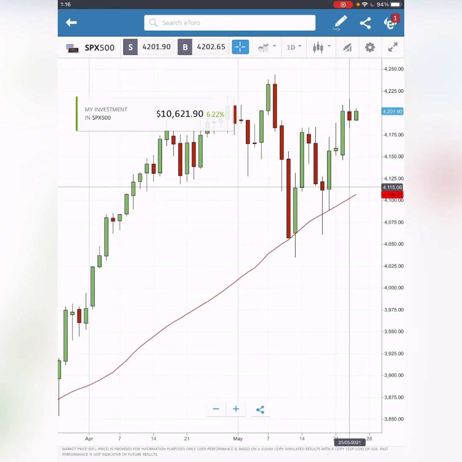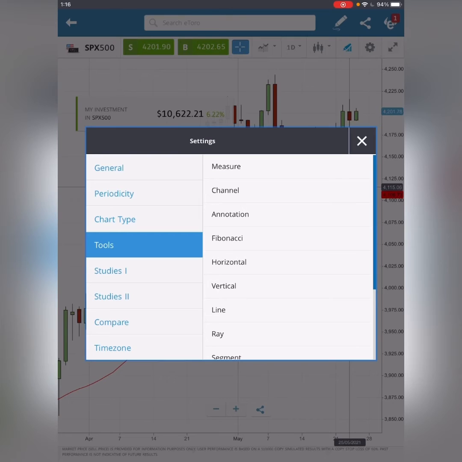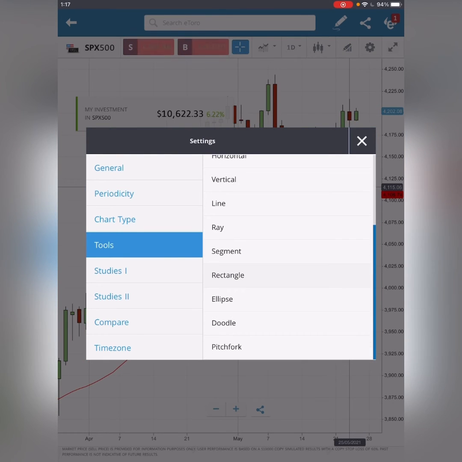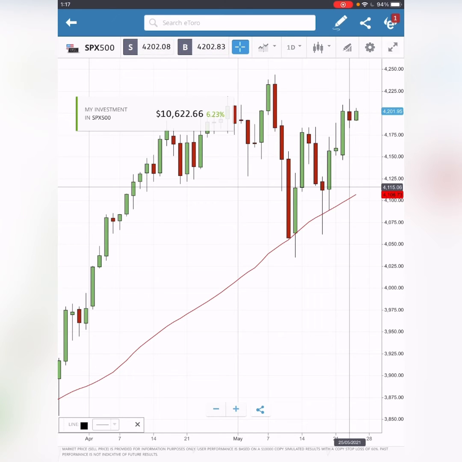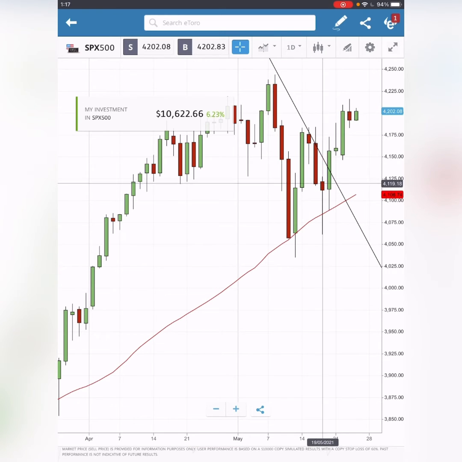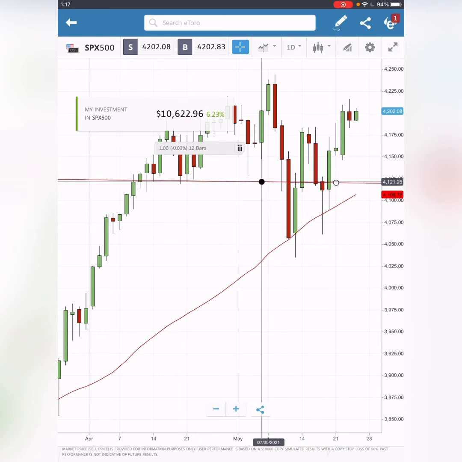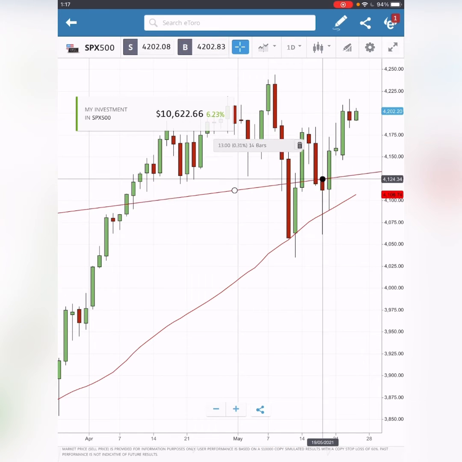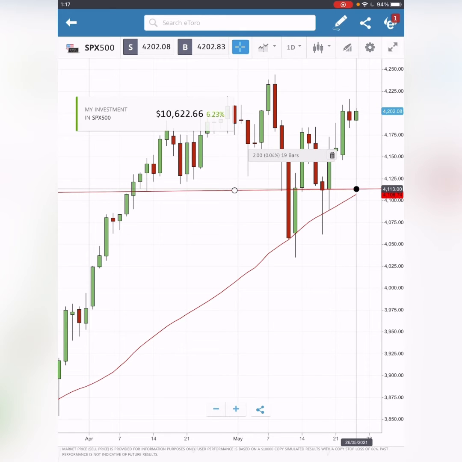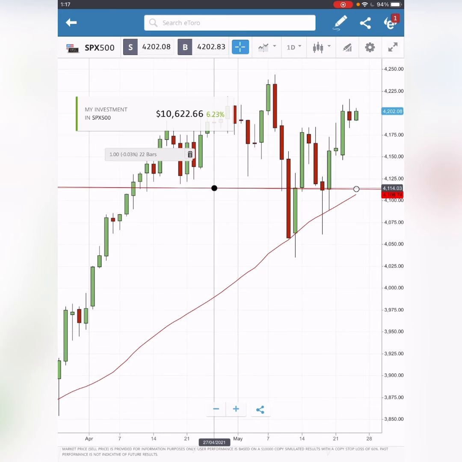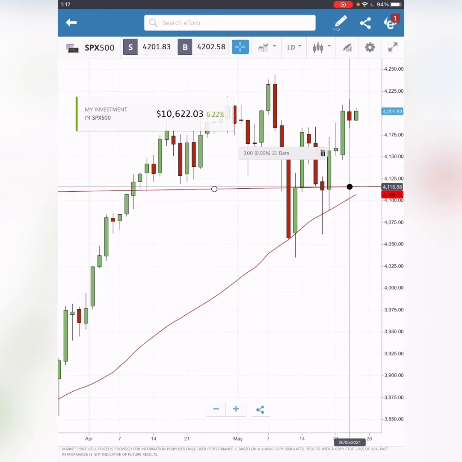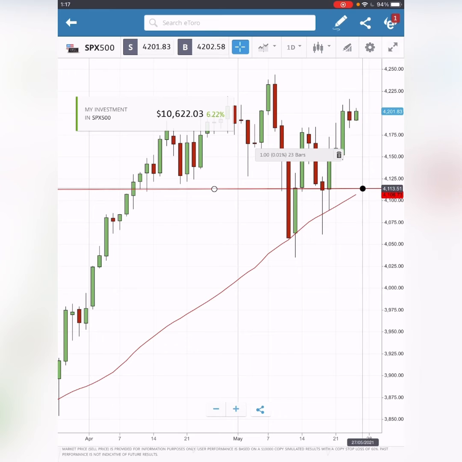Let me just plot lines. I'm just going to plot a line. Assuming this is our level of support, actually you can do this in TradingView, but I'm just going to do it in here. We don't have to cycle through a different app. I'm just trying to target the ones that are hit.